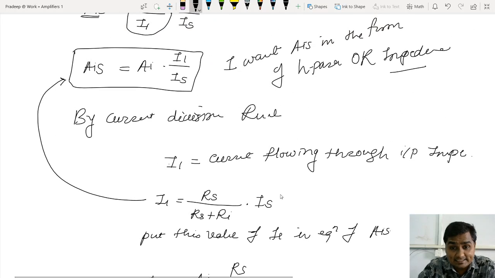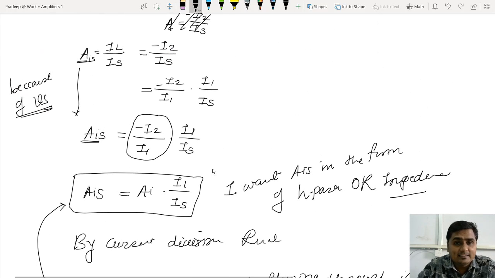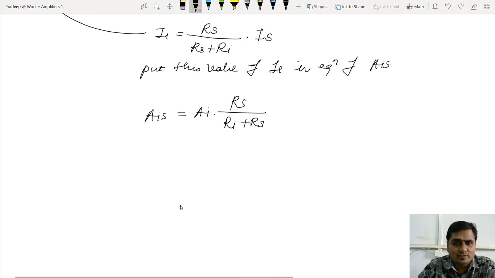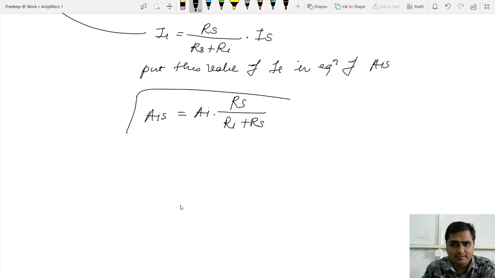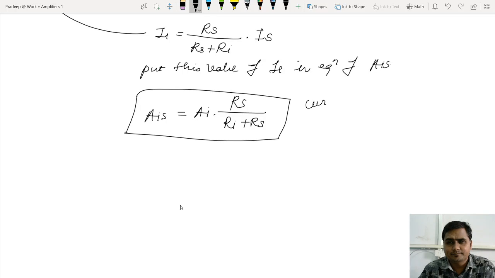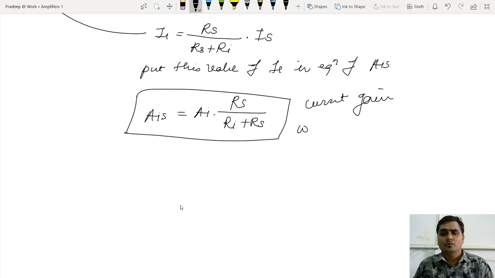Because this IS and this IS will cancel each other. So IS will get cancelled. So finally what I am getting is the current gain, current gain with reference to the voltage source Vs.